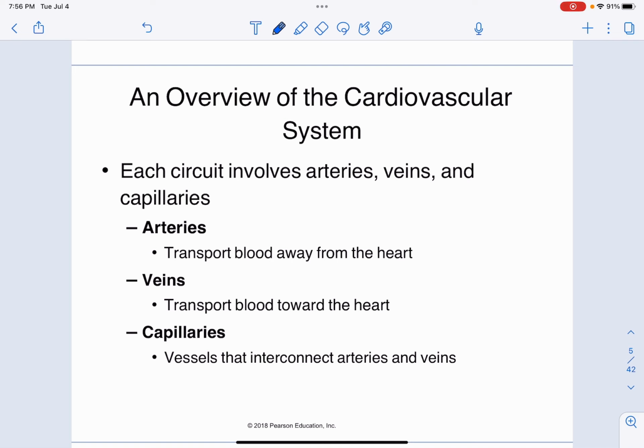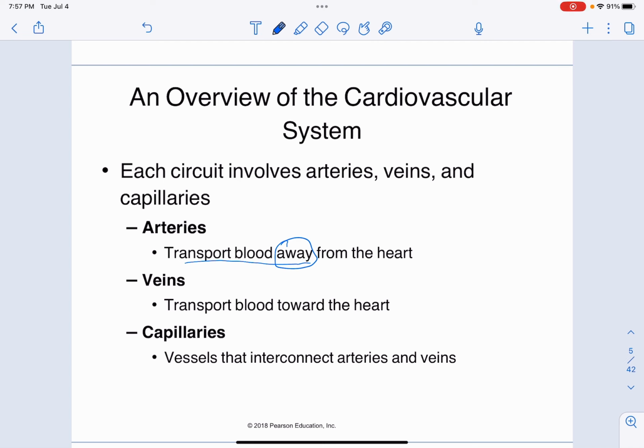So arteries are defined by the fact that they are transporting blood away from the heart. So a popular but wrong definition is that arteries are carrying oxygenated blood. And that is only true for one of the circuits. And I'm going to show you that more on the next slide.